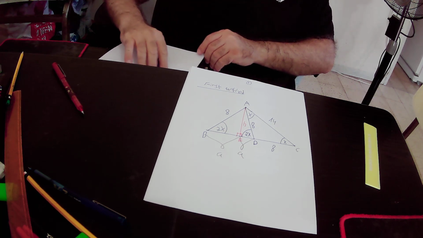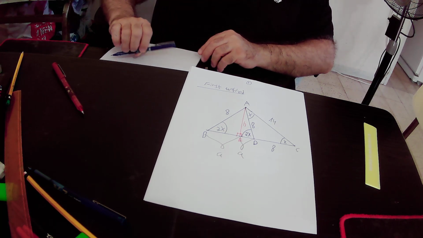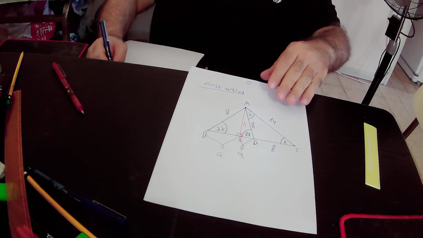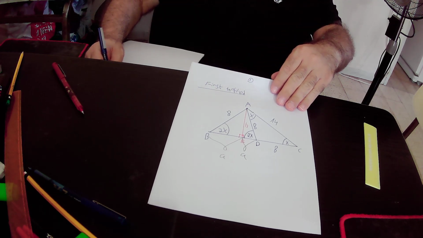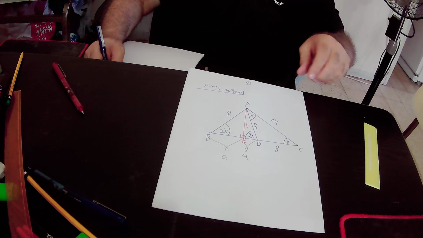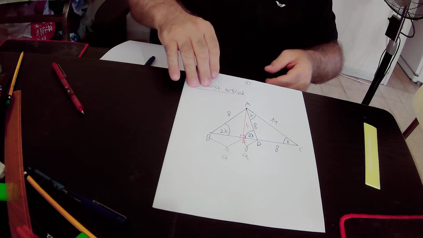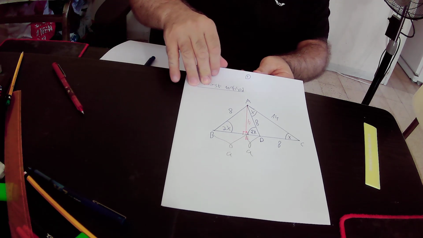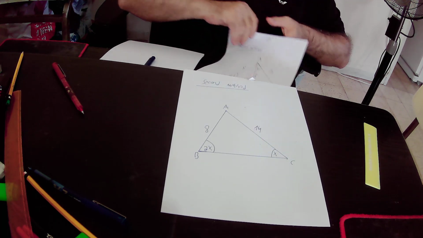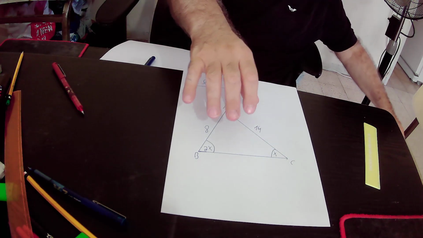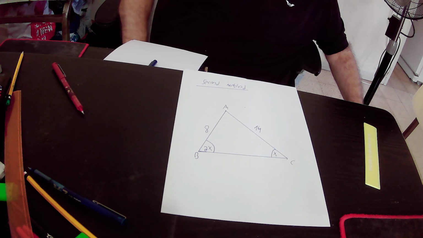Okay, so in the next step I will show you another way, a second method, to find the area of this triangle ABC.